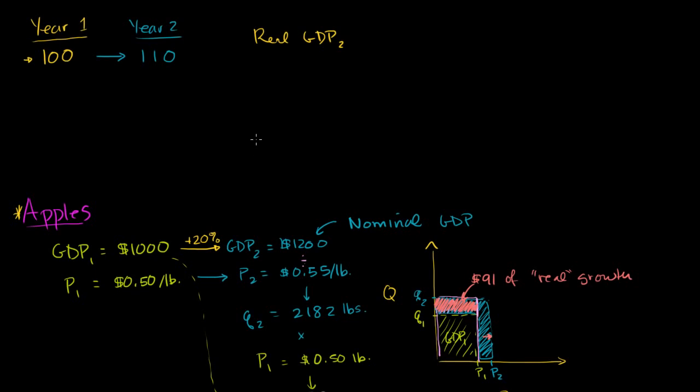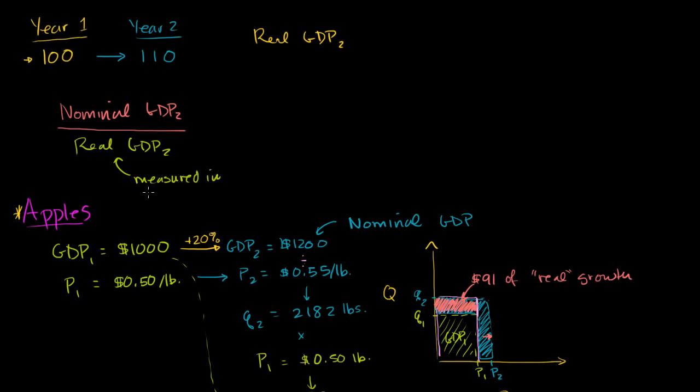So one way to think about it is really just a ratio. So let me write nominal GDP. So this is GDP in year two, measured in year two dollars, divided by, I guess we could call this a proportion really, divided by the real GDP in year two. And this is measured in year one dollars.